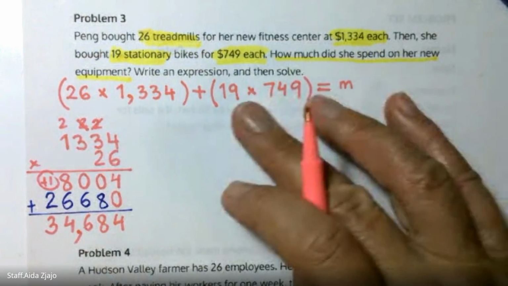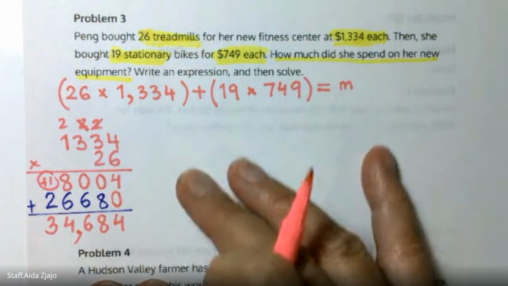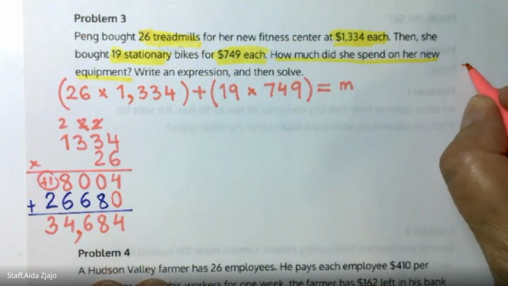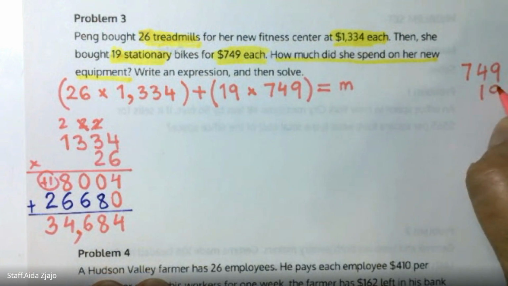So that means I'm going to do 19 times 749 on this side. So then the answer is going to be here in the middle. So 749 times 19.